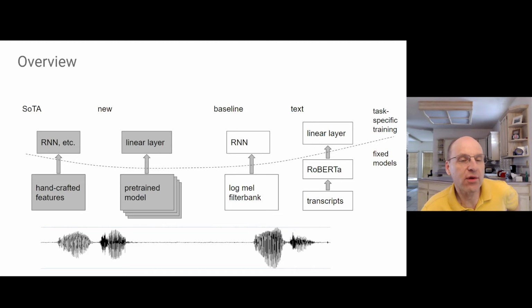The features are very cleverly designed and fed into a powerful model like a recurrent neural network, and that gives you state-of-the-art results. So that was our rival. We tried to do something with a very simple linear layer on the assumption that maybe the pre-trained models have already uncovered everything that's important in prosody, and so a linear layer would suffice. So those are the comparisons. There will be other results in the slides, but that's the key thing to focus on.